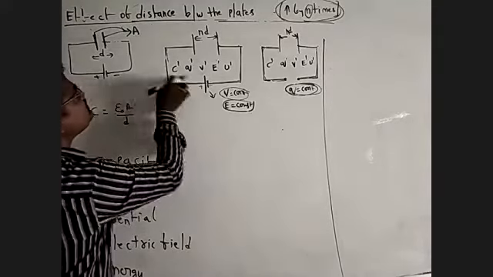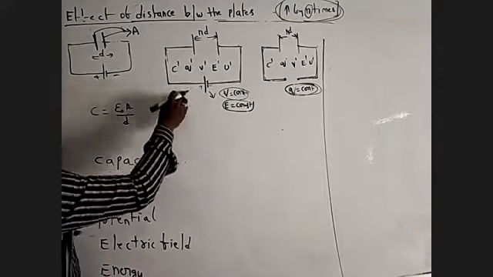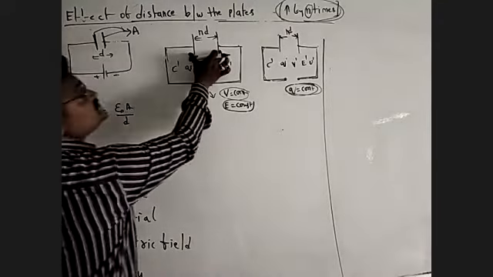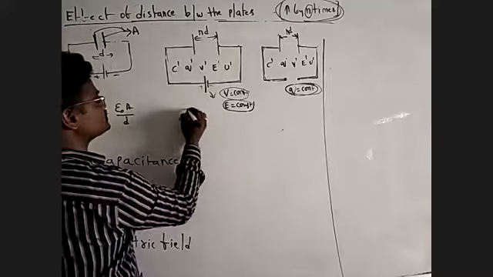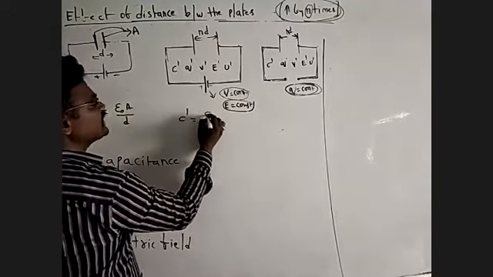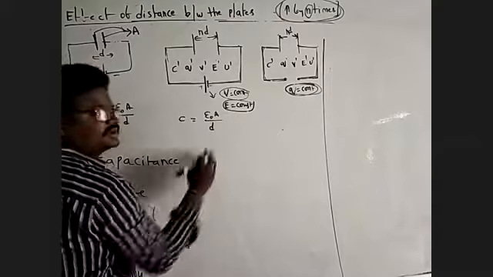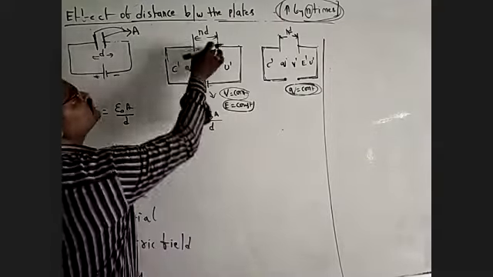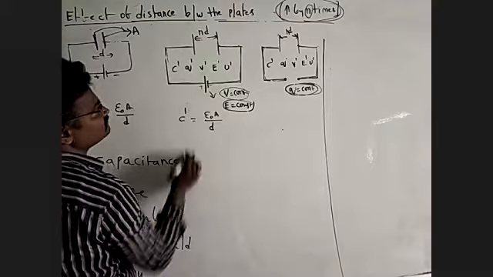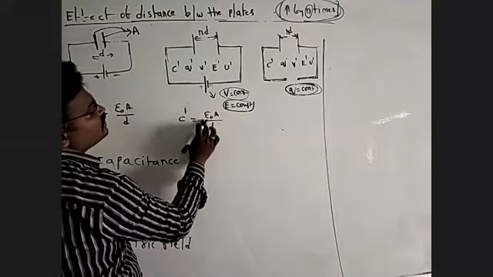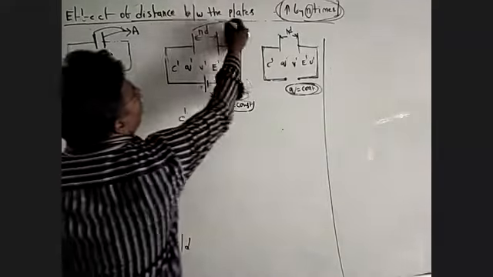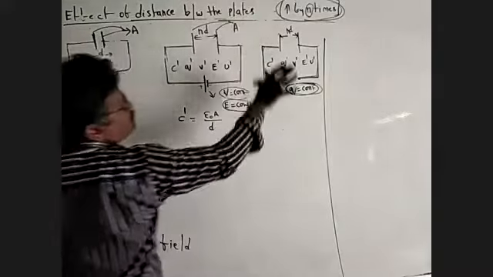Now, what is the difference between these two diagrams? Here the distance is D, but there the distance is n into D. This is C dash. I'm taking epsilon naught A by D as the general formula, and applying it to C dash. Epsilon naught and A, the cross section area of the plate, are the same in both. There is no change.